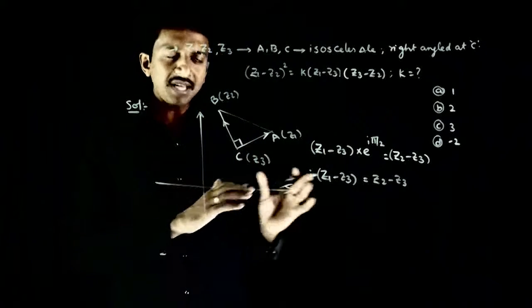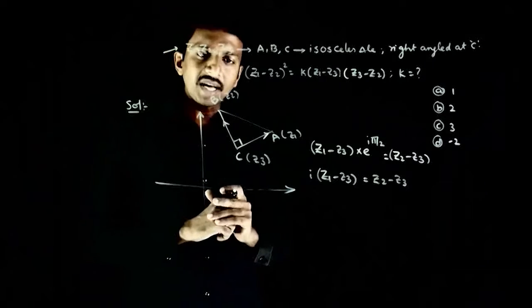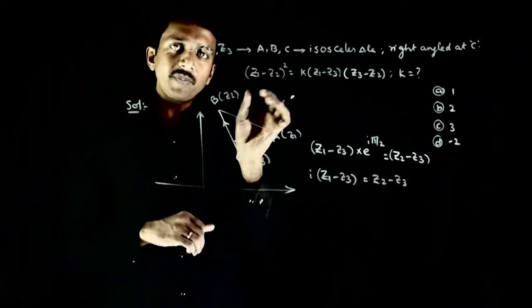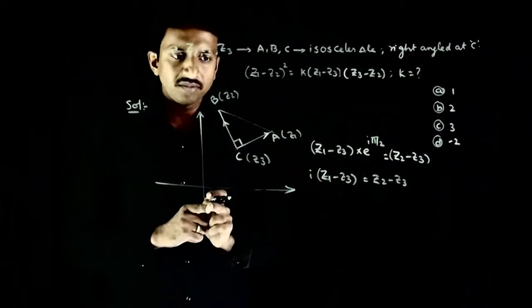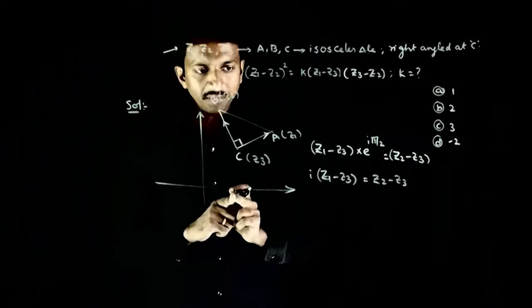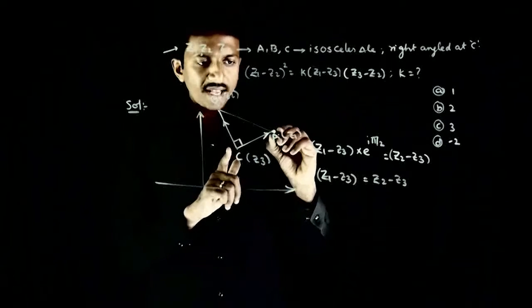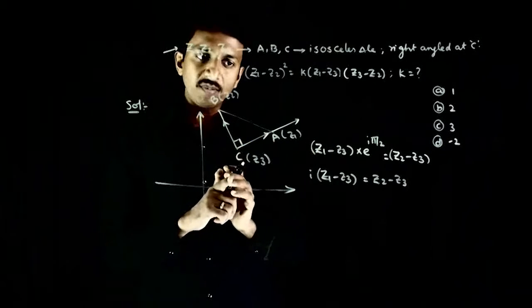So we have one relation. Next, let me try to get some relation between Z1 minus Z2 and one of these. For this, see what I do. Now this vector CA, if I extend this vector CA, it will be like this.